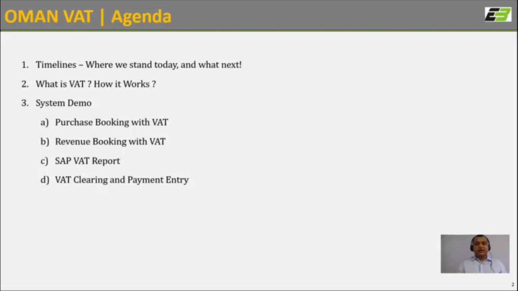We also look at an example of VAT, and building on this example, we start with our SAP bookings. First, we do a purchase or an expense booking of a vendor invoice. Second is a sales or a revenue booking on our customer invoice. Third is understanding the SAP VAT report. And finally, we also discuss VAT clearing and payment entries.